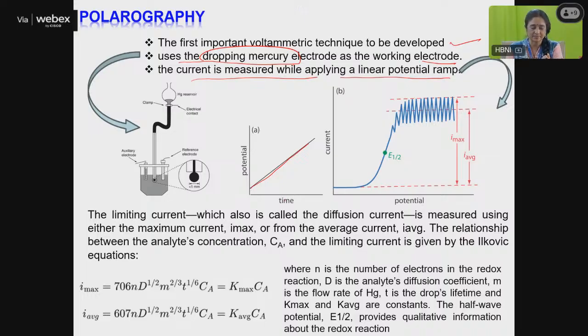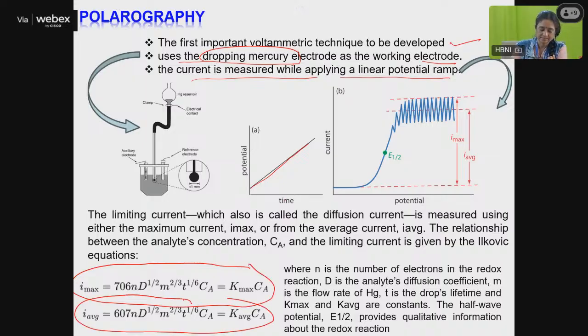So this is an S-shaped curve, and here is the equation for I max or I average. The various terms are written here, and this is the concentration. From this you can calculate the concentration, because all the other things will be known for your system. So you can calculate C from the current you are measuring, which gives the concentration of the analyte.